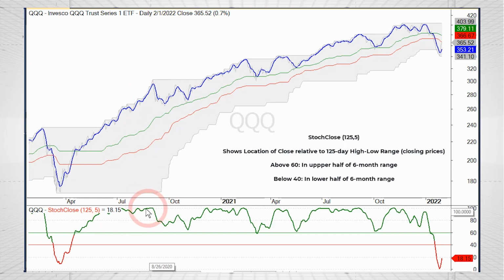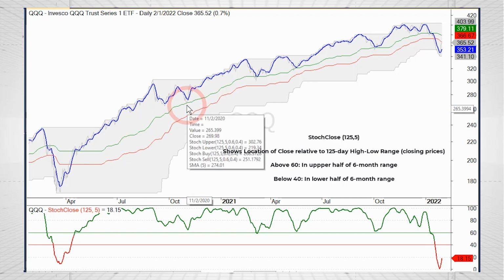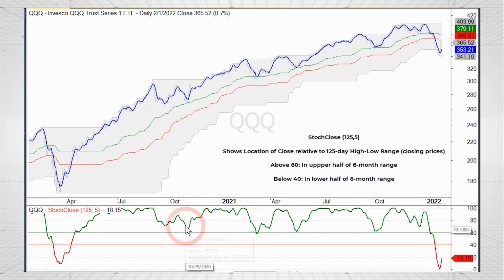And that's why StochClose is in that 90 to 100 area. And then we can see QQQ kind of flattens and StochClose kind of moves back towards the 60s area. And the green line on the chart here corresponds to what 60 would be on the StochClose indicator.